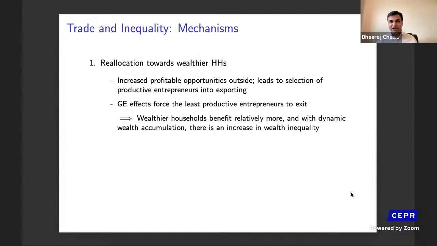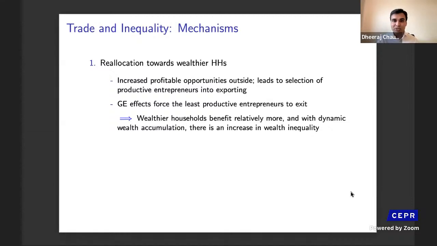So before moving on, I would like to give you a brief idea of through what mechanisms lower trade costs are affecting wealth inequality. In my model, I have 2 key mechanisms through which trade costs impact wealth inequality, and I also verify these mechanisms in the empirical data. So the first mechanism is simply that lowering trade barriers leads to a reallocation of resources towards wealthier households.